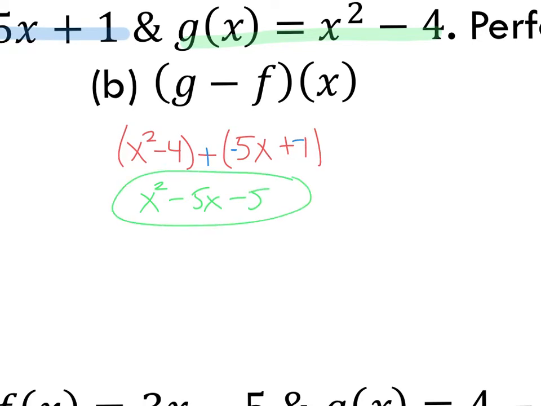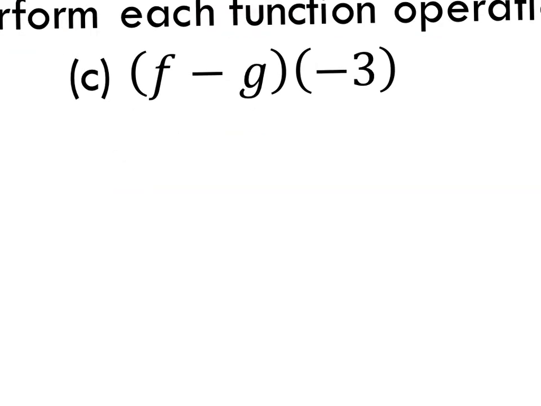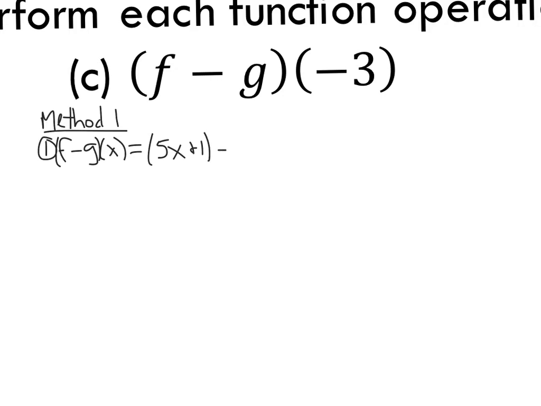And that's it. If we look at C, notice we have f minus g of negative 3. Now there are two different ways we can do this one. The first method would be to find f minus g of x. That would mean we would take the 5x plus 1 minus g of x, x squared minus 4, and simplify.